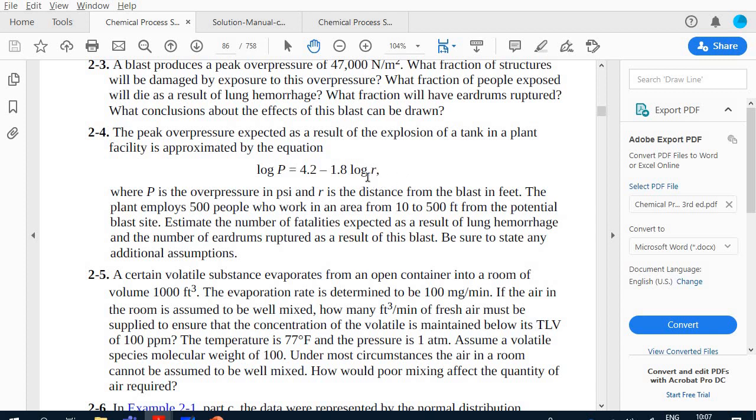I just take the total area of this place and divide it by 500 to say how many people are sitting evenly in that area from 10 to 500. And then when I find the number of people that are sitting in that radius, I can take the percentage of that.